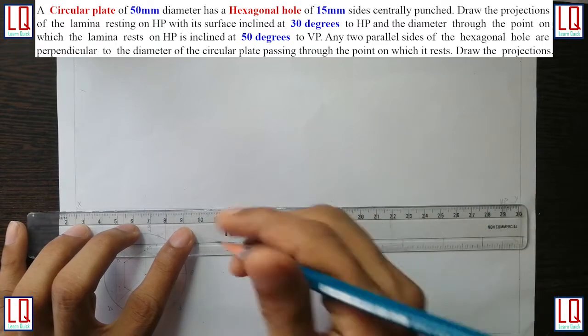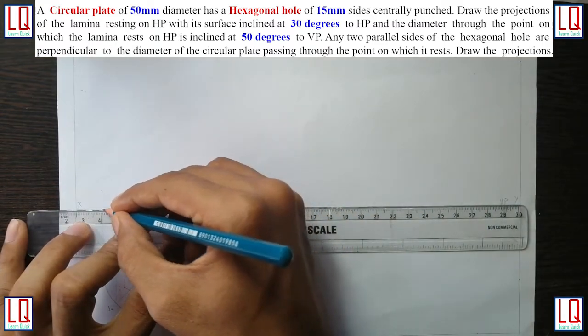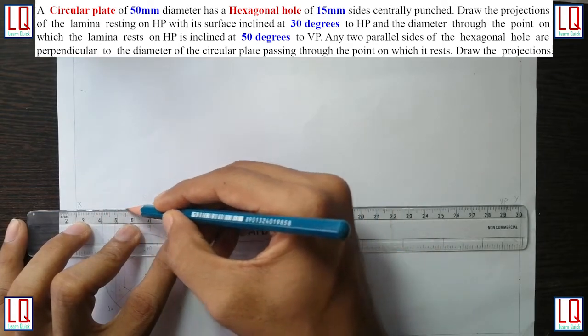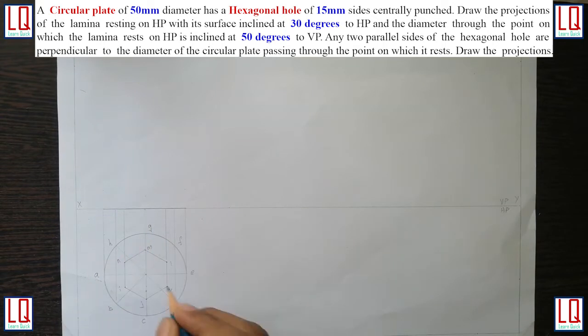Now draw a line in the front view and do the lettering for the circle.